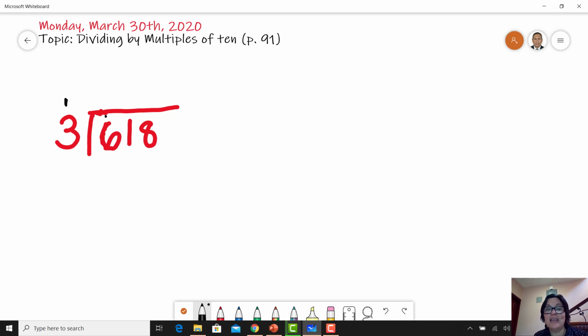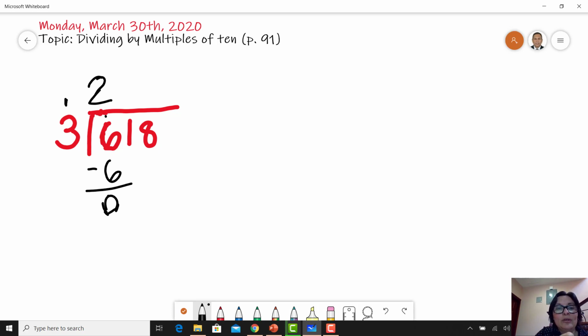So we say 6 divided by 3, 2, right? So we write 2 in the quotient and then we multiply 2 times 3 and it's going to be 6. And then we subtract 6 minus 6, it's going to be 0. Now what do we have to do next?